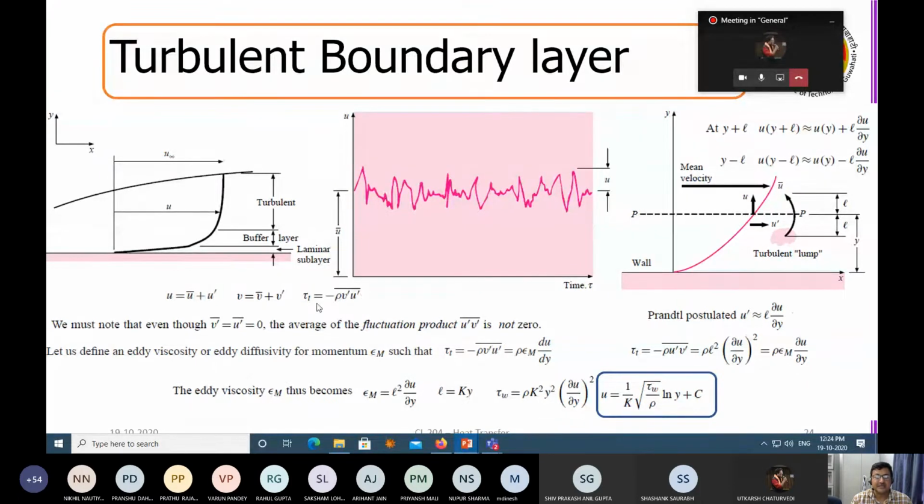This is kinetic energy that has been generated because of these random fluctuations. Okay, and in that, what you assume is that over a period of time the average fluctuations are 0. However, the product is not 0. The stress is not 0. The kinetic energy is not 0, right?